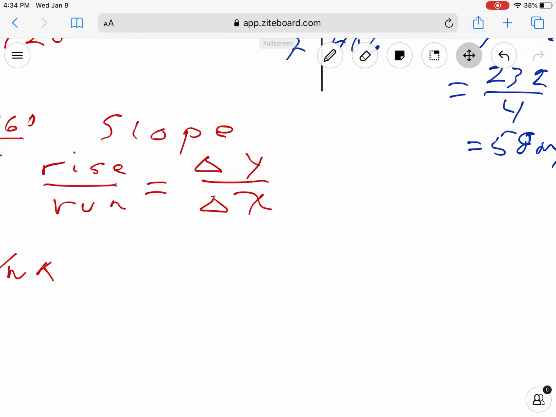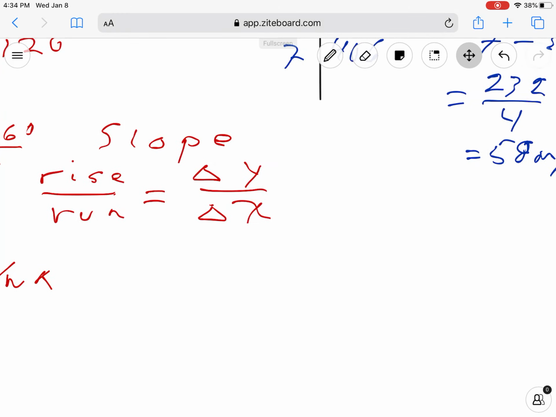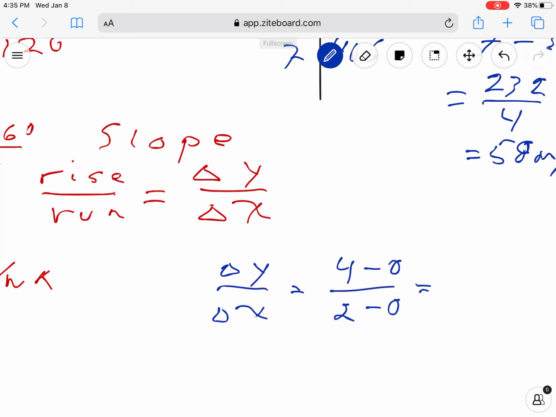We said we have our change in y over our change in x, and that was 4 minus 0 over 2 minus 0, or 4 over 2, or 2. And that's my slope, my rate of change.